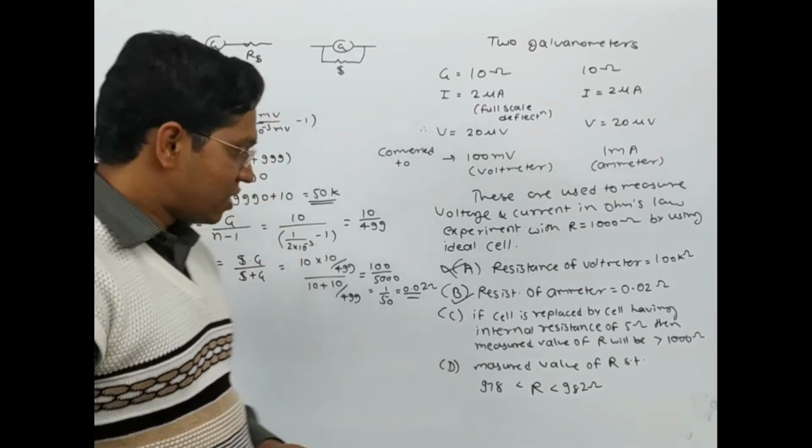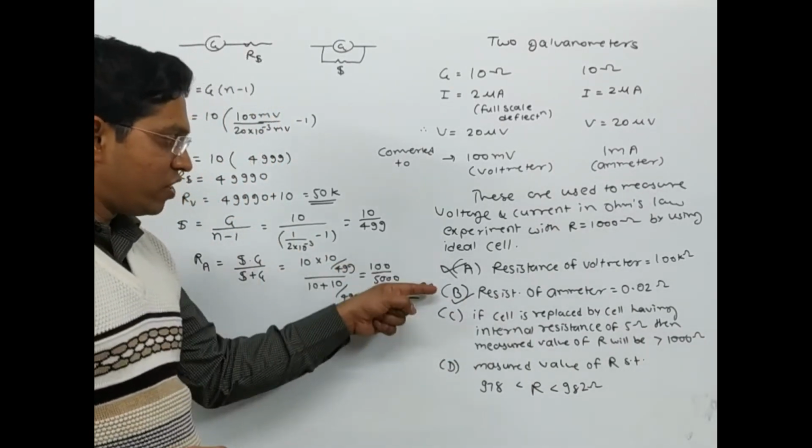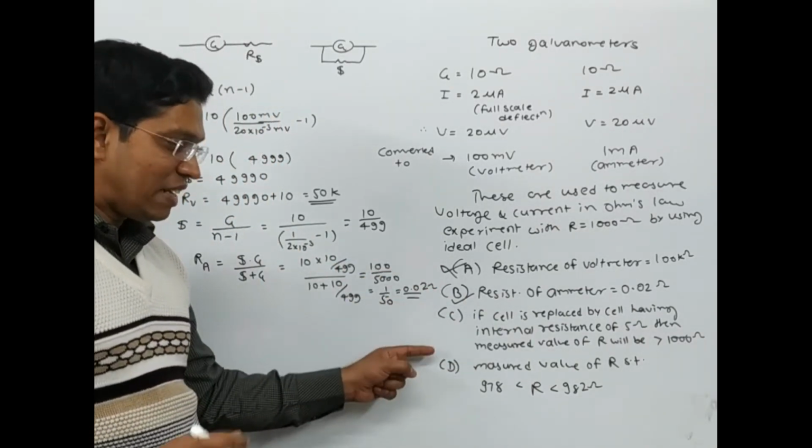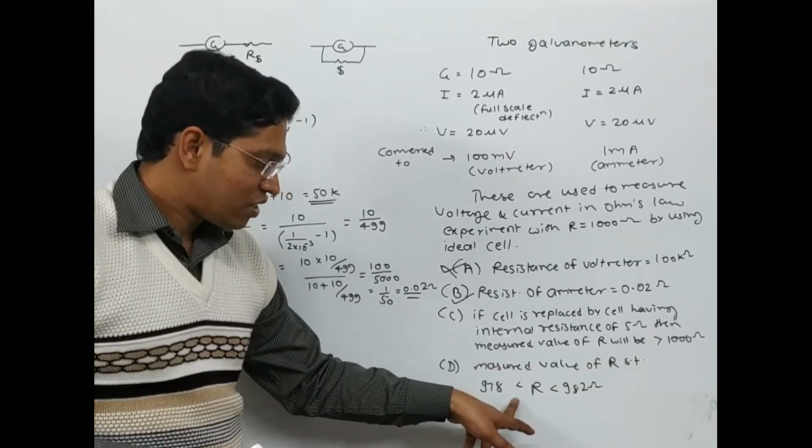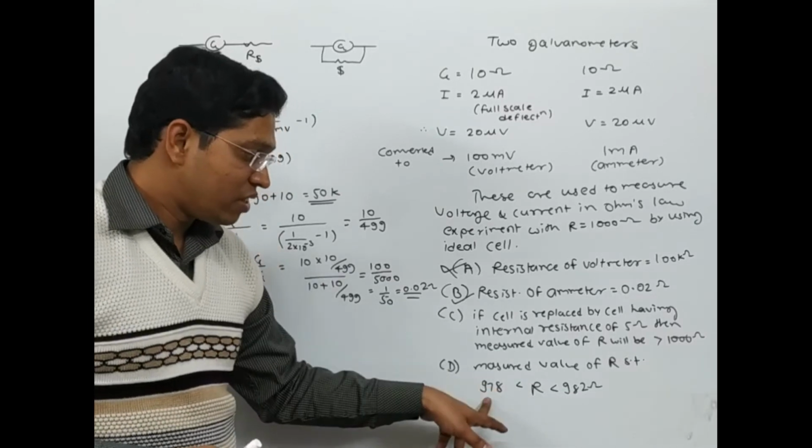Hence the resistance of the ammeter, given as 0.02 ohm, is the correct answer. Now once you finish these two, the next part is slightly different. What they have asked here is the measured value of R such that it lies in between this range.